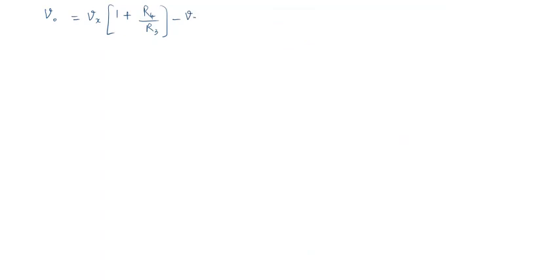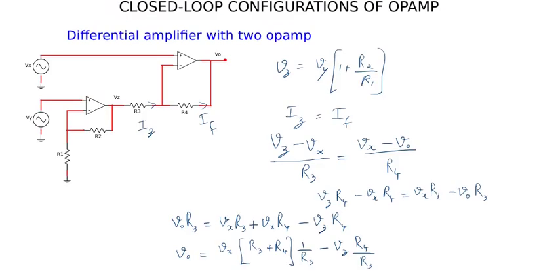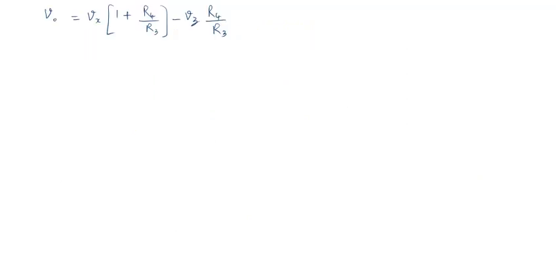Vz R4 by R3. And now we are going to substitute the relation connecting Vz with this Vy and all those things. So this equation will be substituted into that equation. So you get Vy into 1 plus R2 by R1 going into this equation.